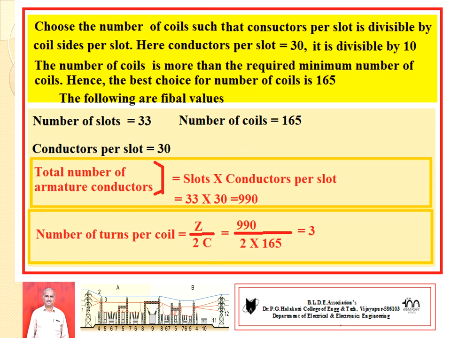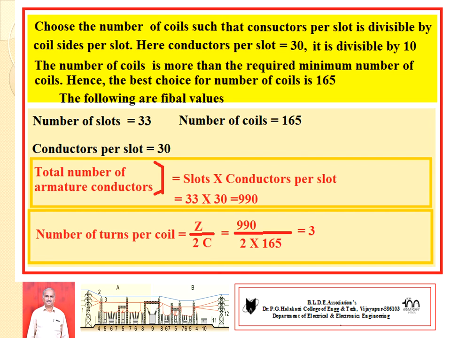Choose the number of coils in such a manner that the conductors per slot should be divisible by coil sides per slot. Here the conductors per slot equal to 30 and coil sides per slot equal to 10. Hence 30 is divisible by 10.